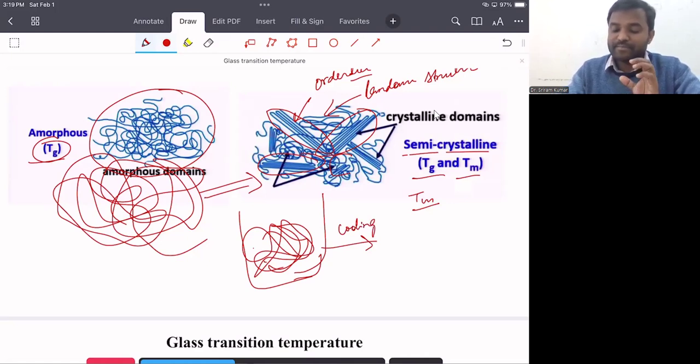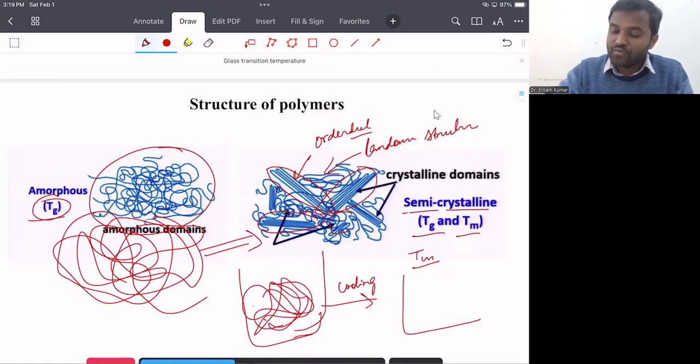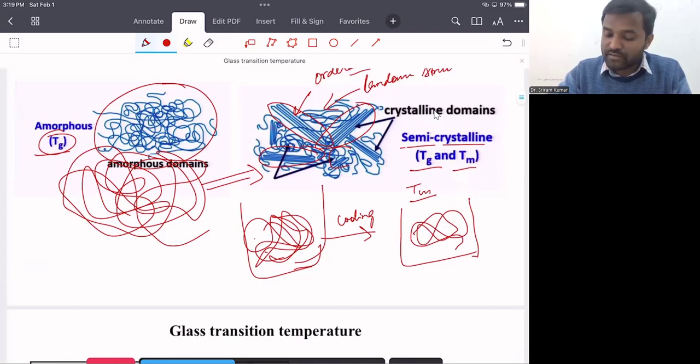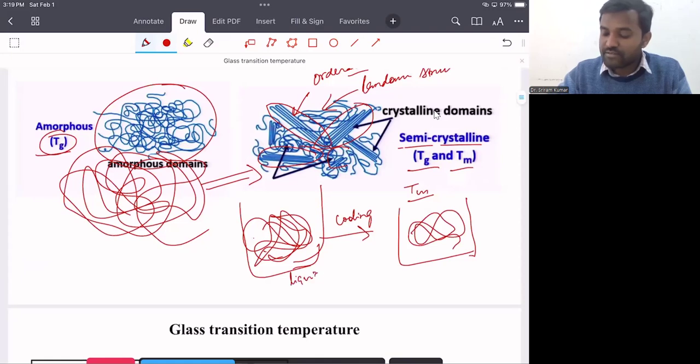Since the position of the chains is random, even if we cool down this polymer, the position of the chains is frozen. Suppose this is in the liquid state, and if it cools down, it is in the solid state. Even in the solid state the position is not fixed.